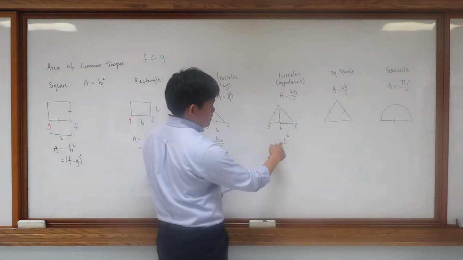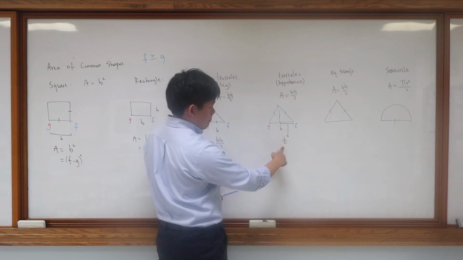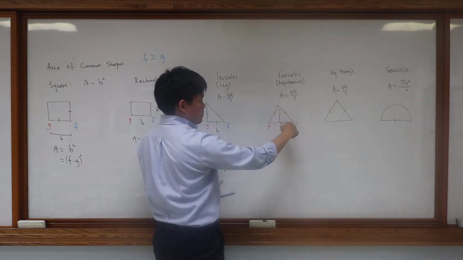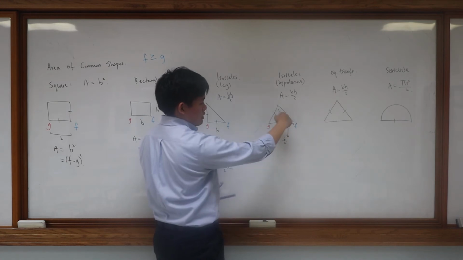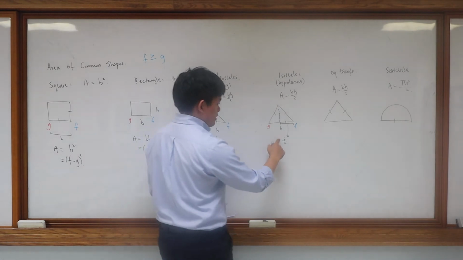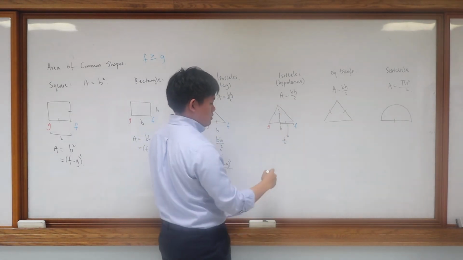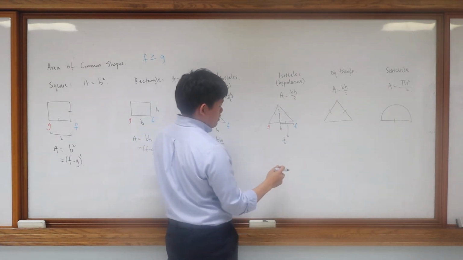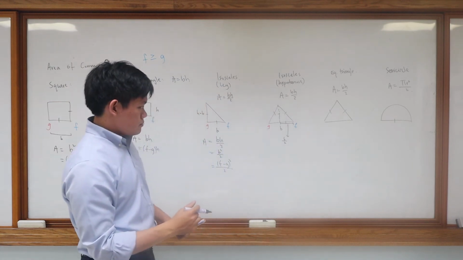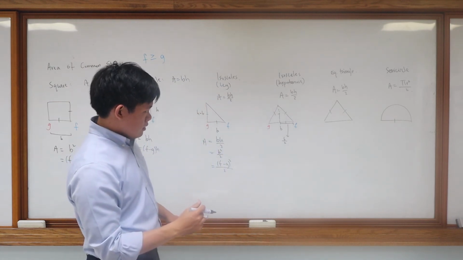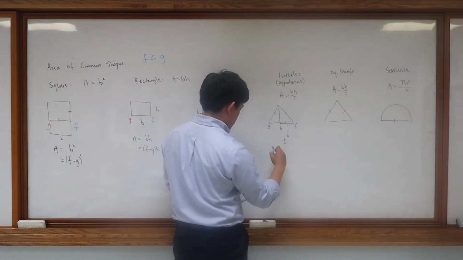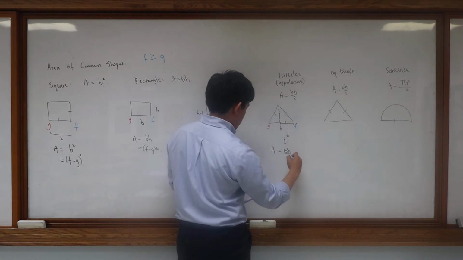Since we know this is the length of the base, this side plus this side means this is base over 2, and this is base over 2. These two lengths are the same. So what you end up with is area equal to base times height divided by 2.